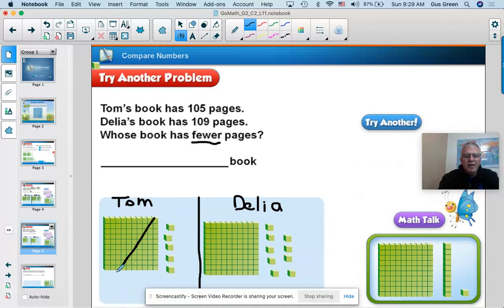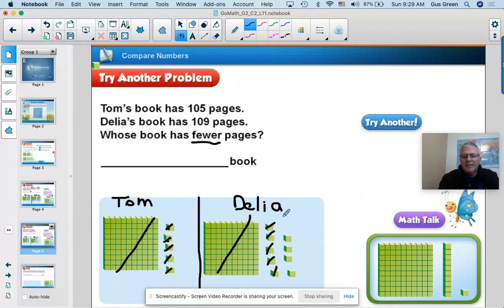So there's 100 here that we'll cross off and 100 here. And then there's 1, 2, 3, 4, 5 ones. So let's cross off 5 ones. 2, 3, 4, 5. And what do we have that's not crossed off? Here, let me cross these off so the picture is more clear. What do we have?